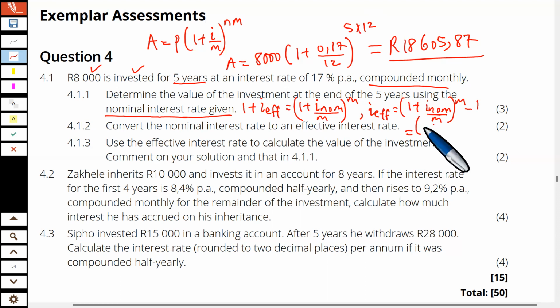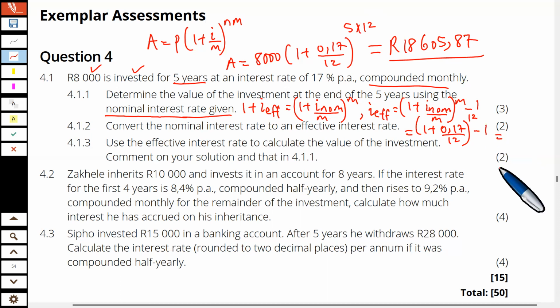Right, so you have 1 plus, what is the nominal interest rate? It is 17, right? So you have the 17 monthly there. So you have 0.17. You divide it exactly by 12. You raise everything to the power 12, minus 1. And therefore, you get the answer.